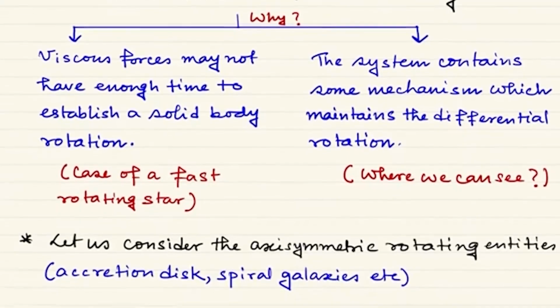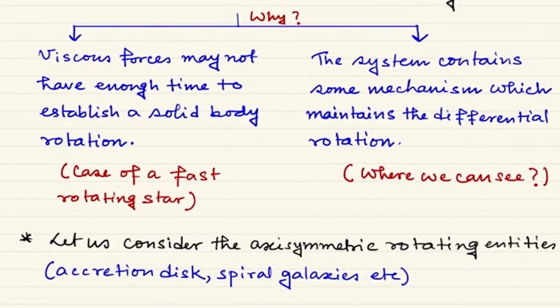For that, let us start by taking a very simple example which we have already studied in detail, that is the example of the accretion disk, and along with that something very similar, the case of spiral galaxies. These are two axisymmetric rotating entities in astrophysics.